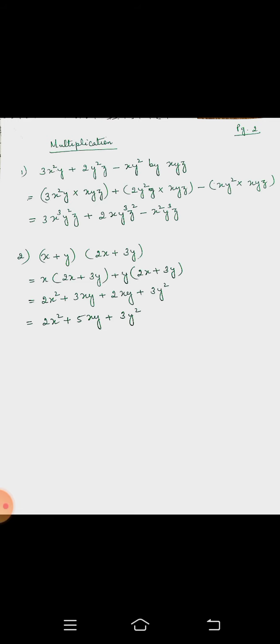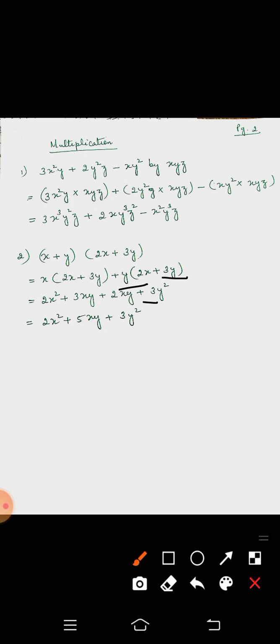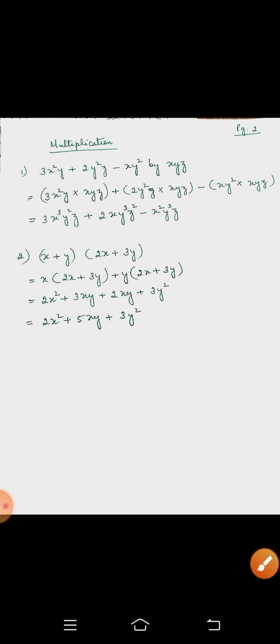Alright, similarly here plus is there, therefore here it is plus y into 2x, so 2xy. Alright, again y into 3y. Okay, so 3 ones are 3, and y has here power 1, here also power 1. Okay, therefore y to the power 2 or 3y square.